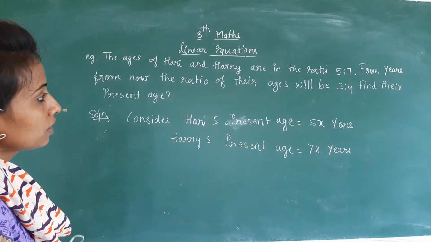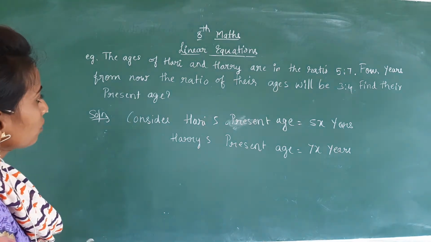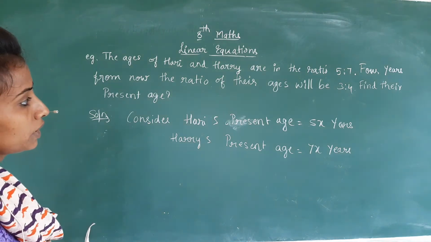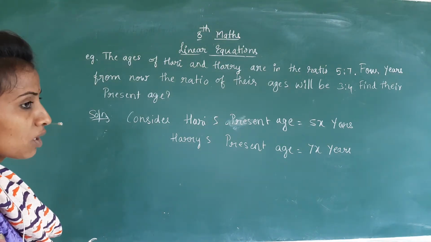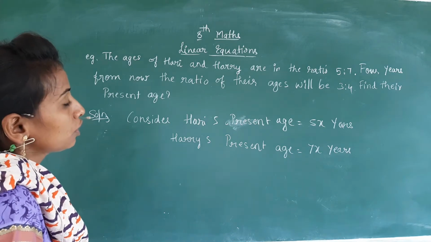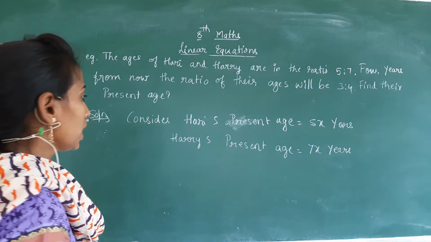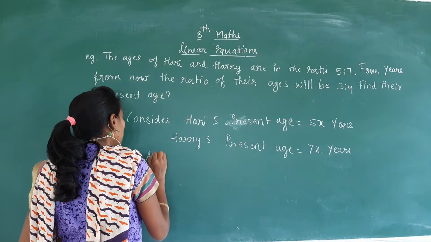Now see, next, 4 years from now, the ratio of their ages will be 3:4. 4 years from now means we have to add the 4 years to their present ages.